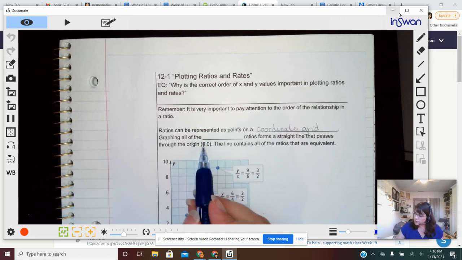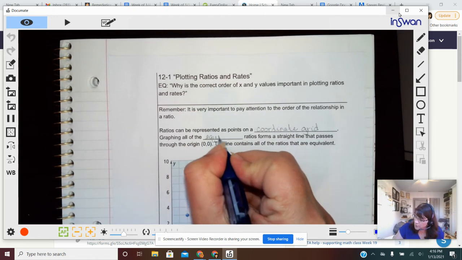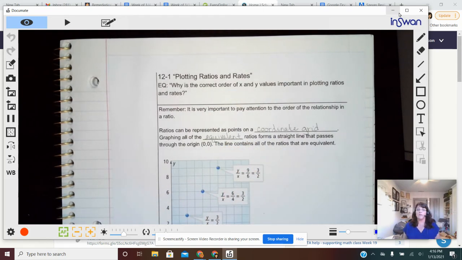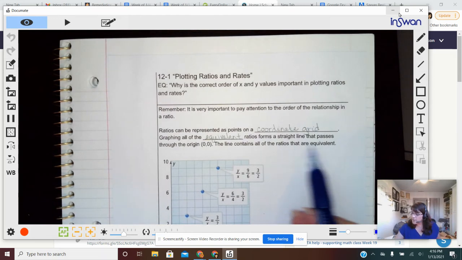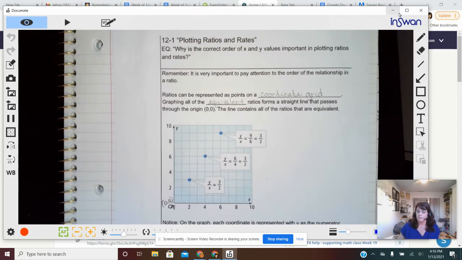Graphing all of the equivalent ratios. So if you had a series of proportional or equivalent ratios, it creates a straight line that passes through the origin. The origin is at 0, 0 on a coordinate plane.